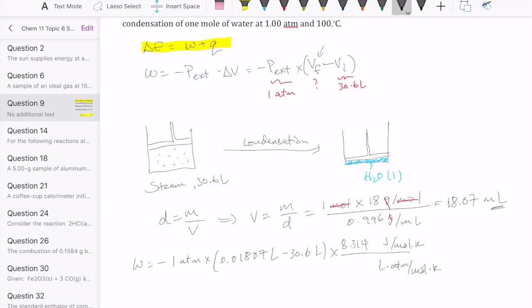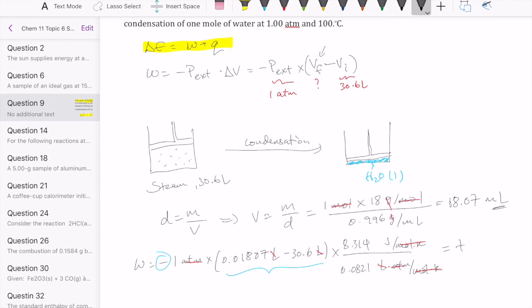So 8.314 and 0.0821 would allow me to cancel my atmosphere, my liters, my mole Kelvin, so my final answer is going to be joules. If you do that, you notice that you have a negative sign right here. The result of this operation is also going to be negative, so negative times negative is positive. Your answer is going to be positive 3.097 kilojoules.